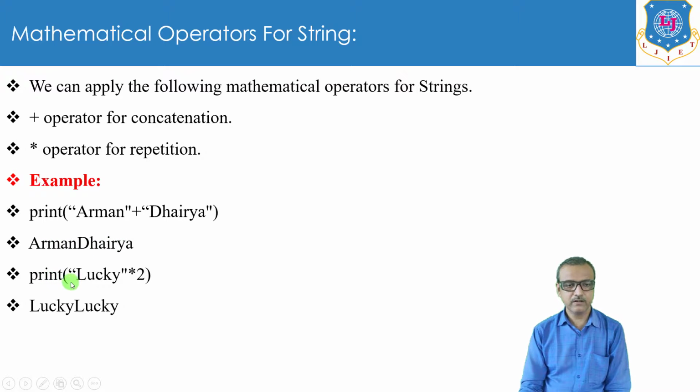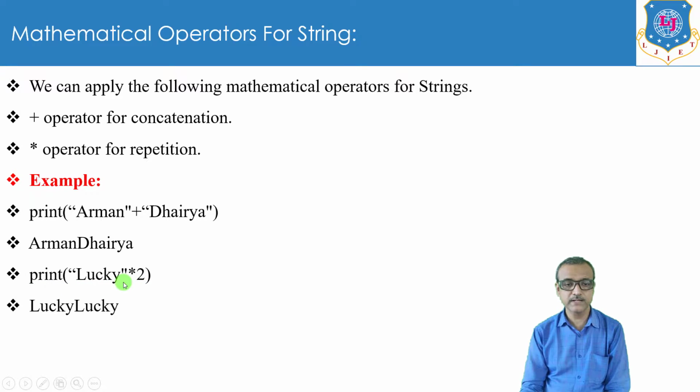Now print of "lucky" * 2. So what will be the output of this print statement? With the help of this print statement, we can print lucky 2 times. If I write 3 over here instead of 2, then we can print lucky 3 times in this way.